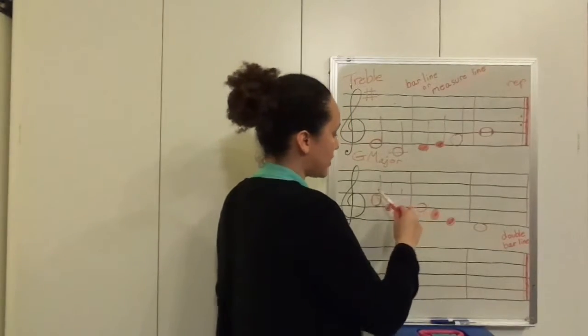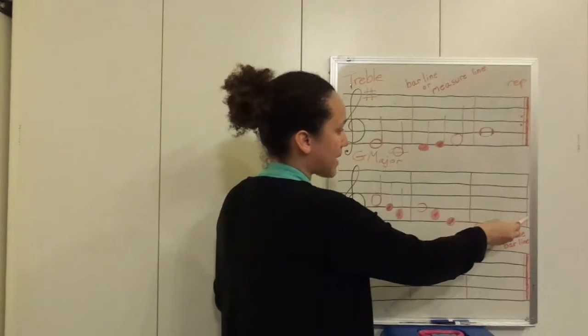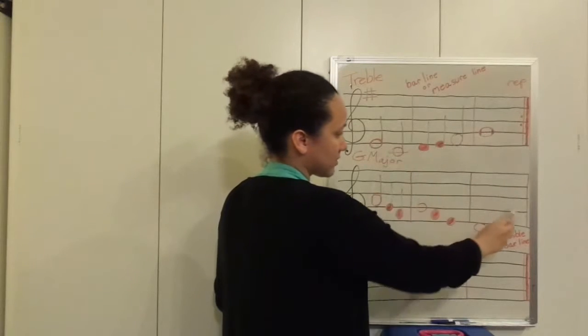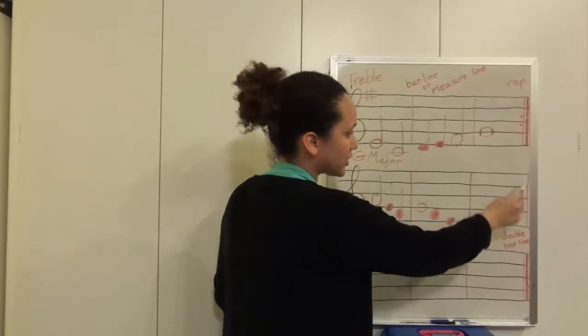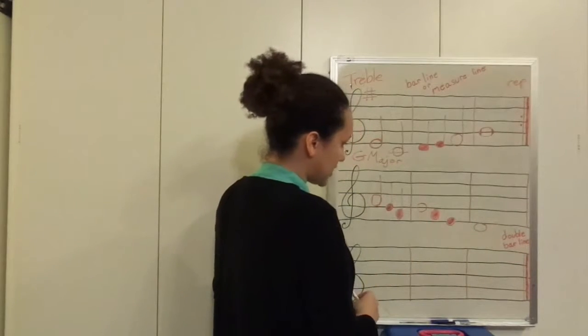Now again, if we want to have another repeat, we would have to go back to the start and play it a second time. But I don't have a repeat here, I just have a regular bar line. So that means we continue on.